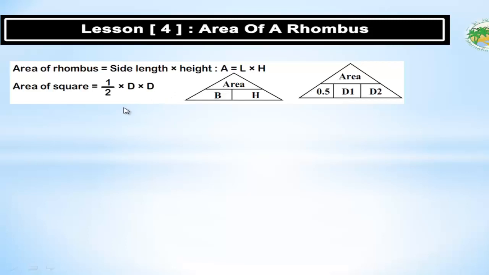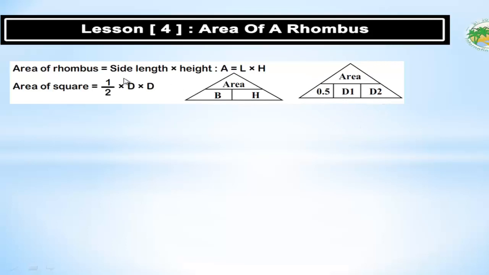The square and rhombus have two diagonals, but we have a difference between them. The square has two diagonals equal in length, but the rhombus has two diagonals different in length.